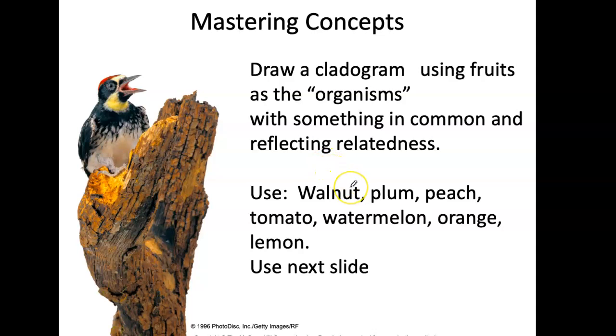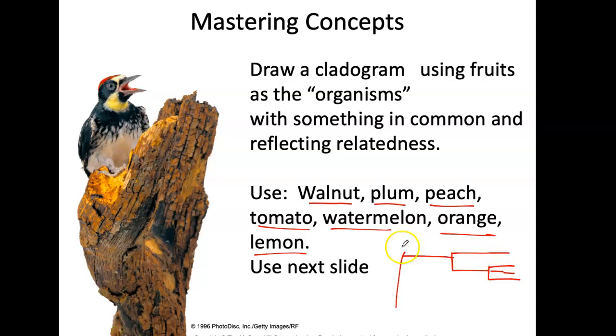If I told you that you had to build your own cladogram like the ones I've shown you, but this time you're going to use a walnut, a plum, a peach, a tomato, a watermelon, an orange, and a lemon, and you have to construct some sort of branching that goes like this and maybe like this, and in that branching you would have to be able to put one of these on the end of these branches, giving an idea of which were the ones that were more closely related and which were the ones that were more distantly related. And I gave those to you and said, here, do it.